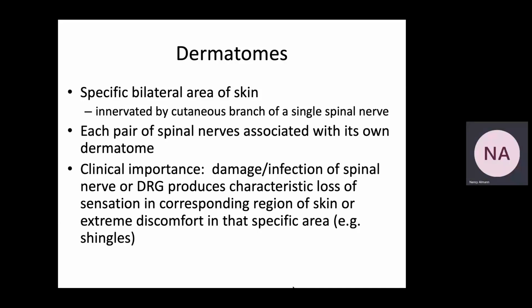They have pretty profound clinical significance. If you have ever had shingles or know of someone who has shingles, what is affected is that area of skin, that specific area of skin, which is a dermatome. So damage, trauma, infection of a spinal nerve or of the dorsal root ganglia will produce changes or loss of sensation in that corresponding region of skin.